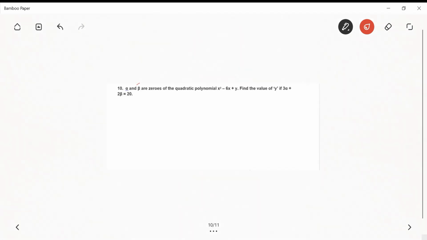If alpha and beta are the zeros of the quadratic polynomial x square minus 6x plus y, find the value of y if 3 alpha plus 2 beta is equal to 20. So what we are going to do in this, we have to find out the value of y. Now see, alpha plus beta is equal to minus b by a.